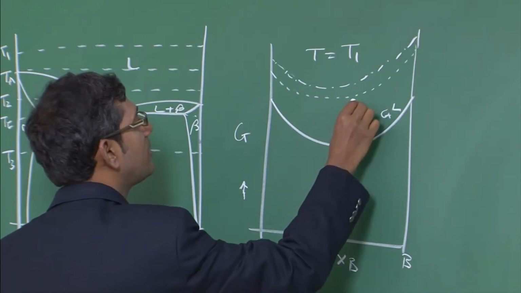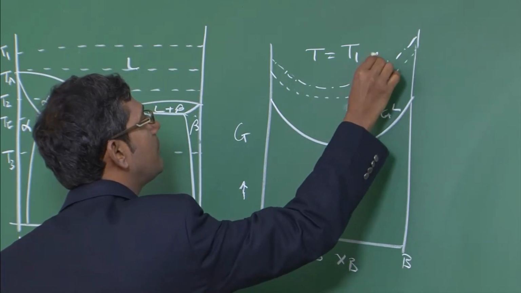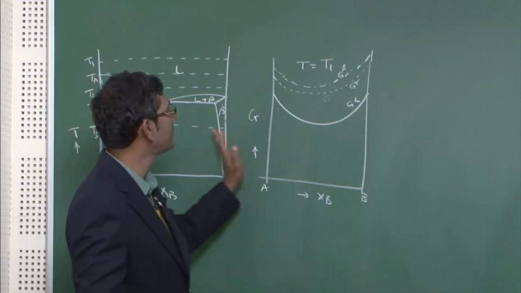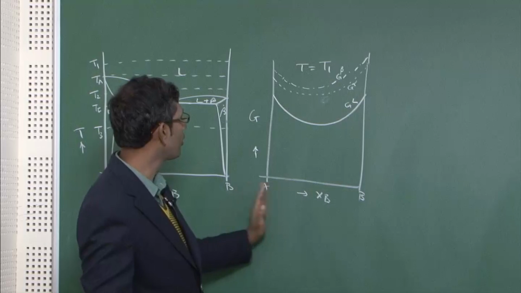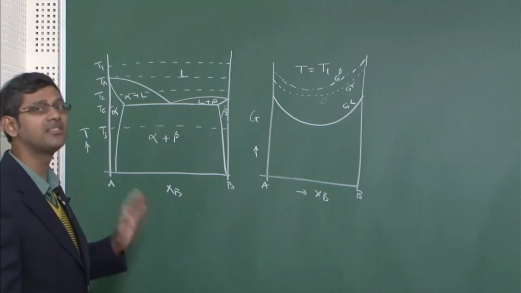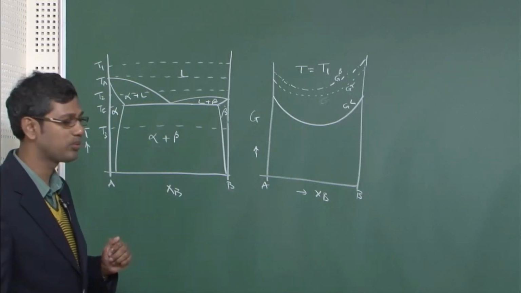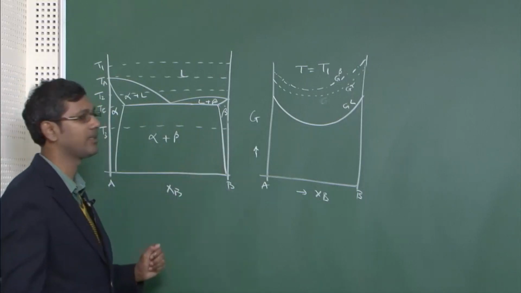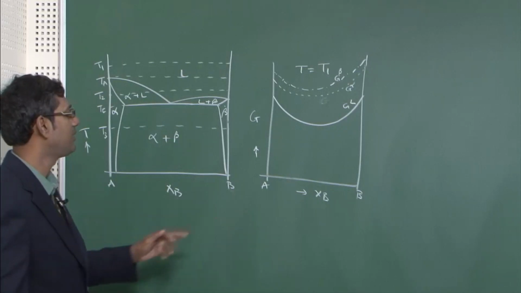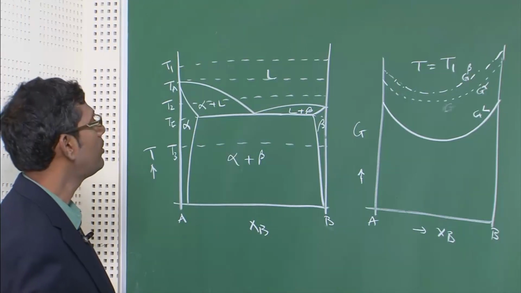So this is G alpha and this is G beta. You can clearly see the free energy of the liquid phase is minimum at all compositions from pure A to pure B. The shape of the free energy curve remains the same, that is, inverse parabolic. It does not change, and I told you why it should not change: this depends on entropy and enthalpy, and both of them are functions of XB squared. That is why they look like a parabola. So that is very clear.